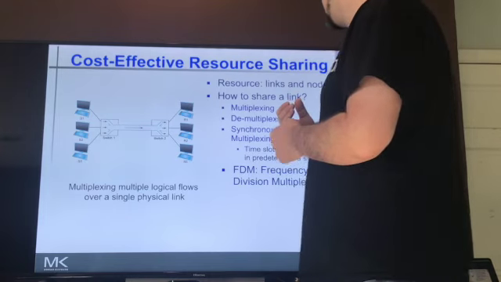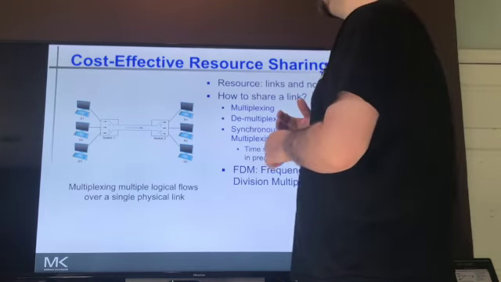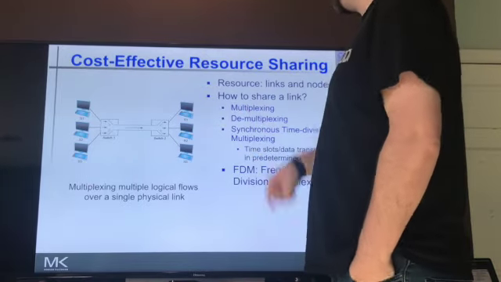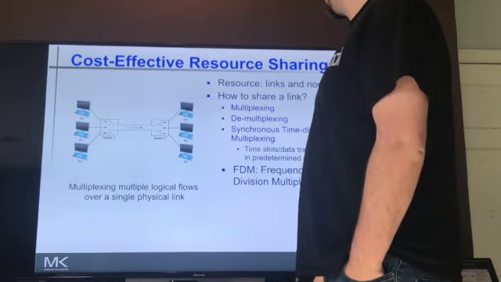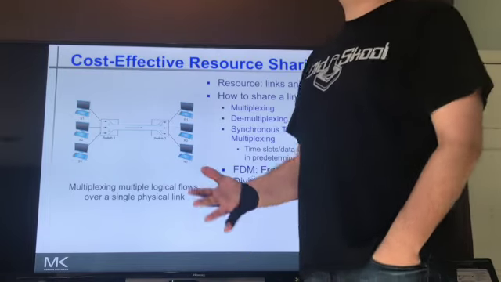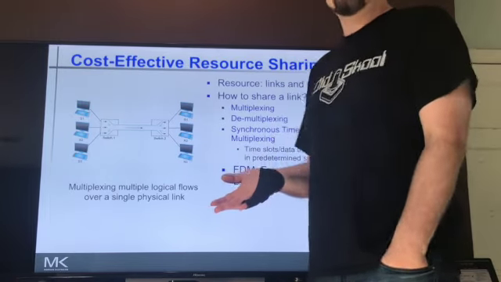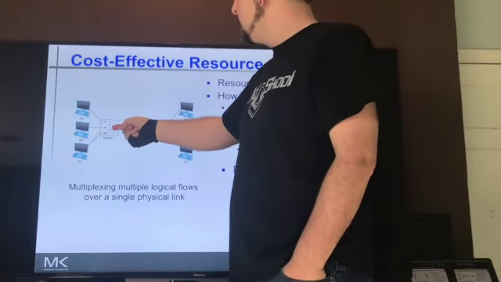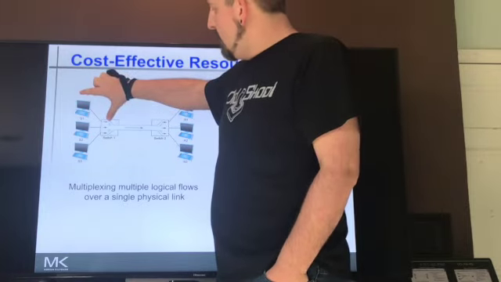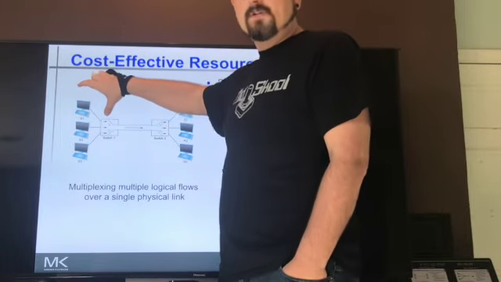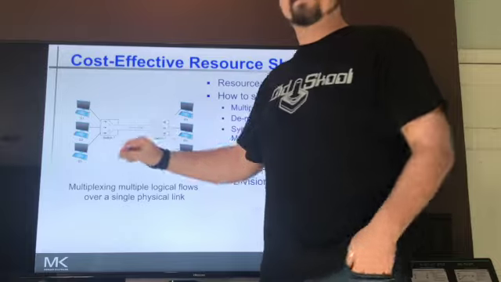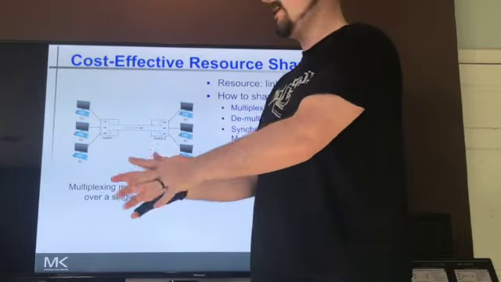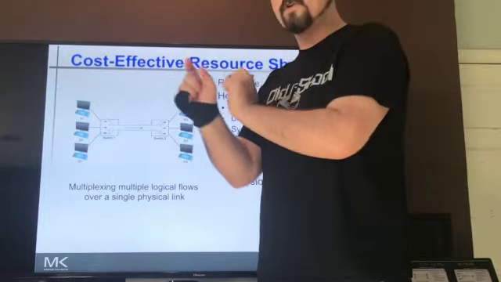There is a type of multiplexing called synchronous time division multiplexing, STDM. Basically, time division multiplexing says, in a round-robin fashion, this switch is going to give a time slice to this machine, and this machine gets 100% access to that link, but only for a certain amount of time.